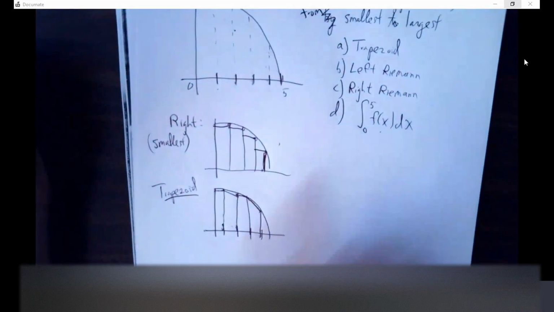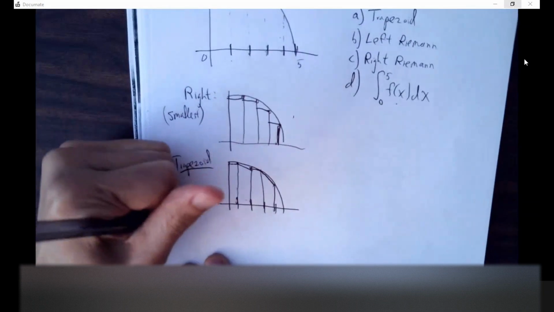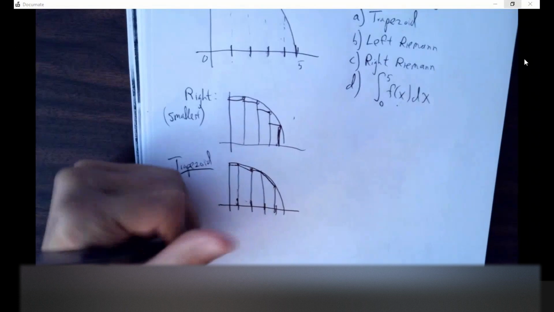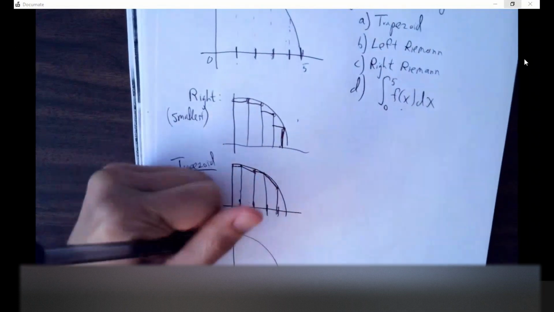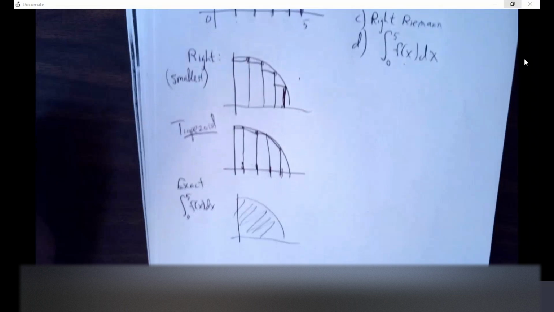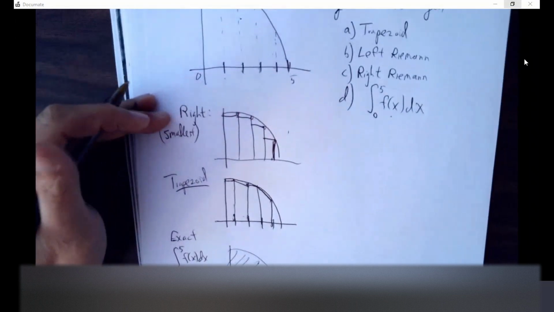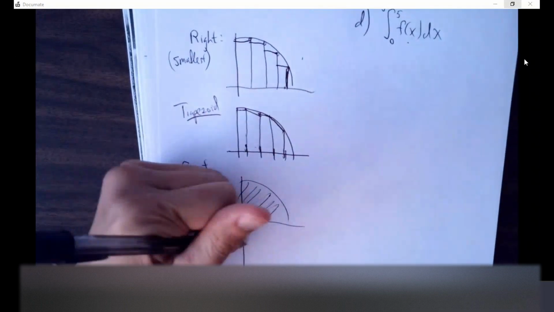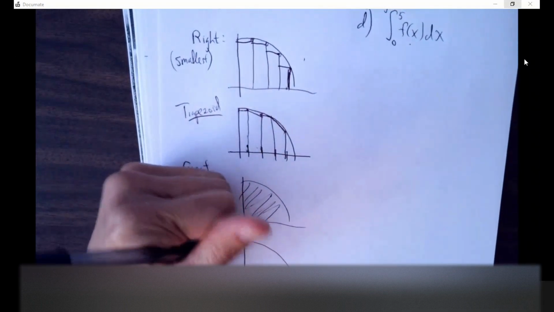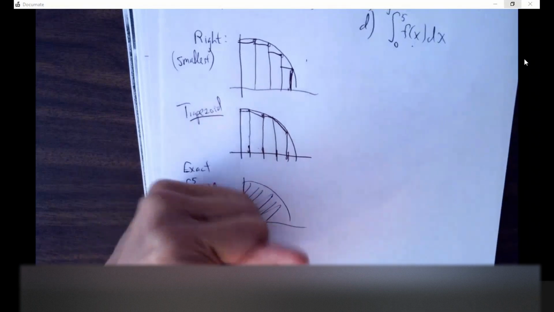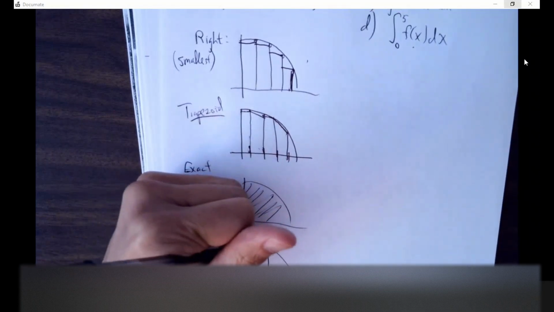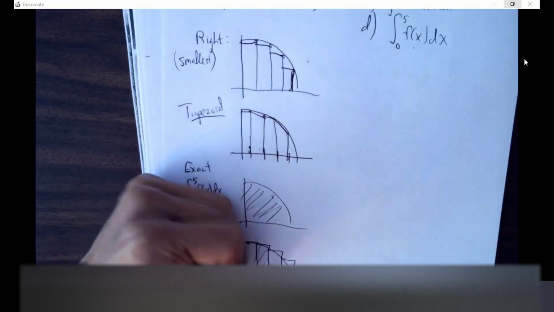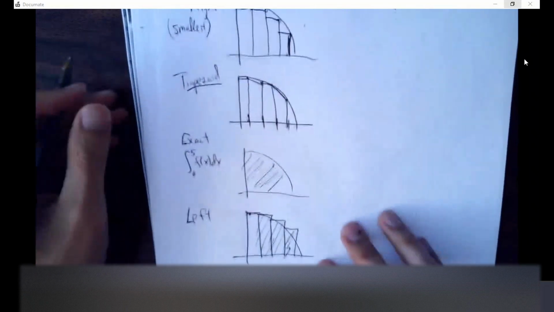Followed by the exact area. And I think the largest is going to be the left Riemann sum, because I think this is the only one that's going to produce an over approximation.